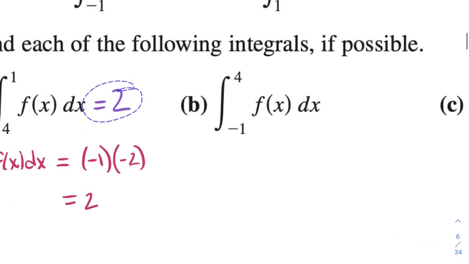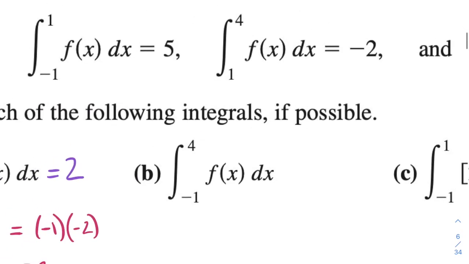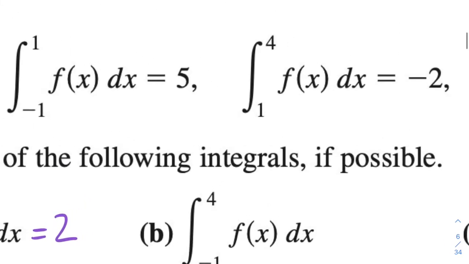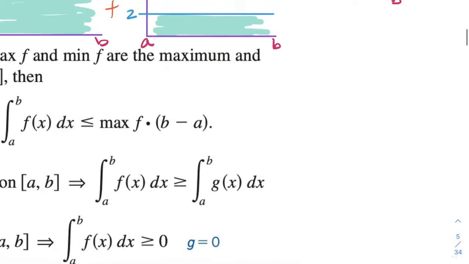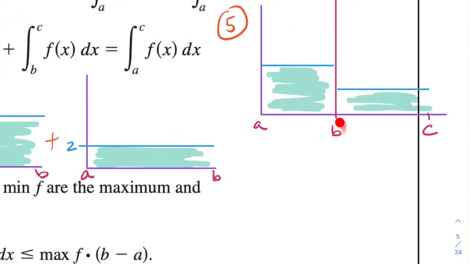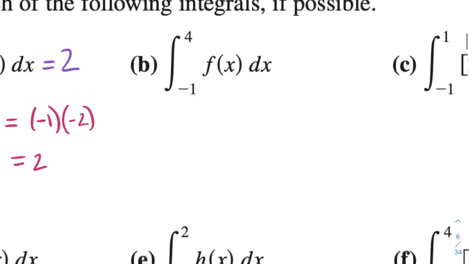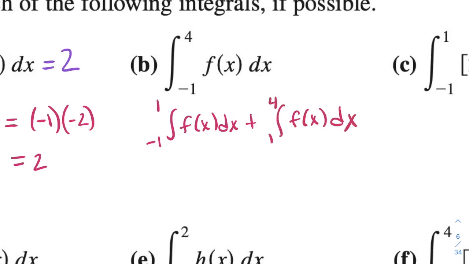All right, we have -1 to 4. So this is like saying, look at how I can add them together. We go from -1 to 1 and then 1 to 4, kind of like we did up here. So I'm just going to add them together. I'm going to break this into -1 to 1 of f of x dx plus 1 to 4 of f of x dx.